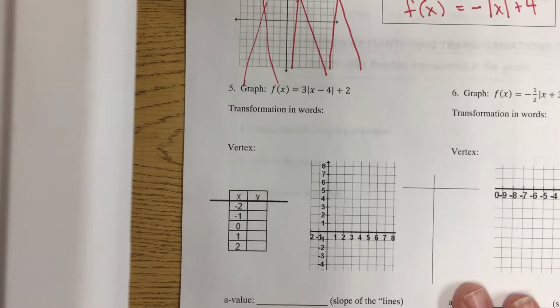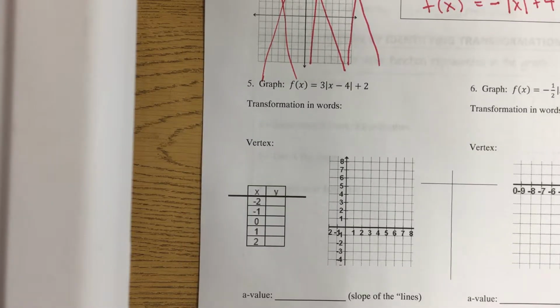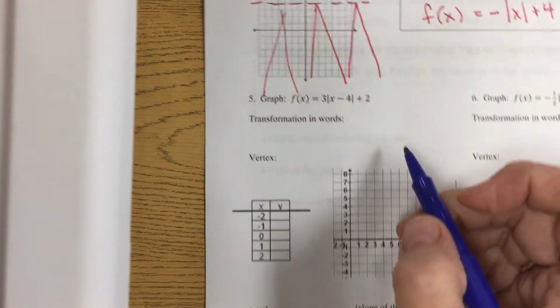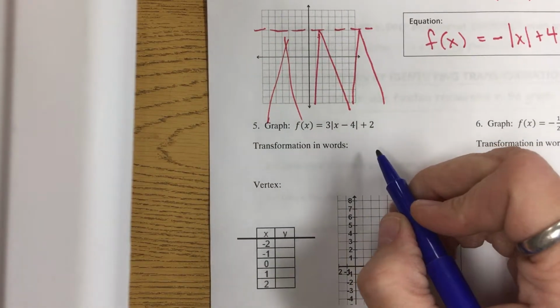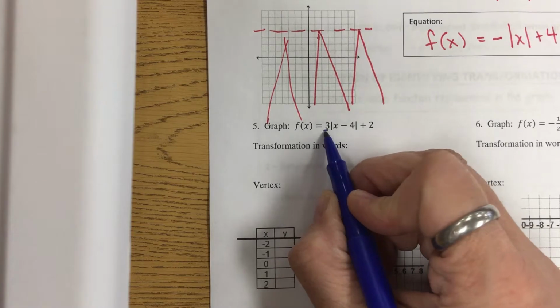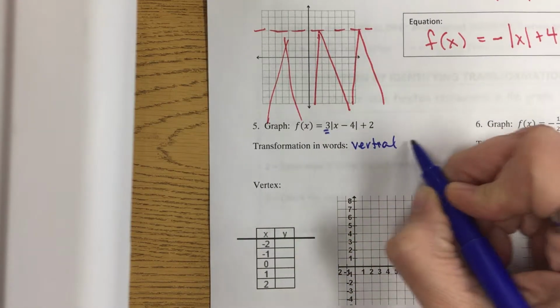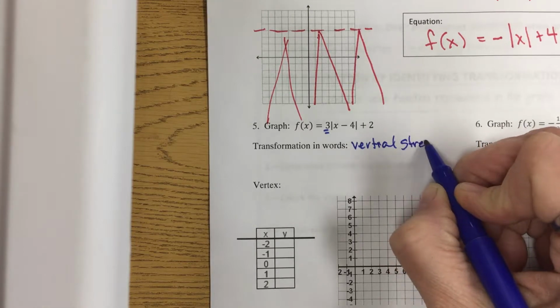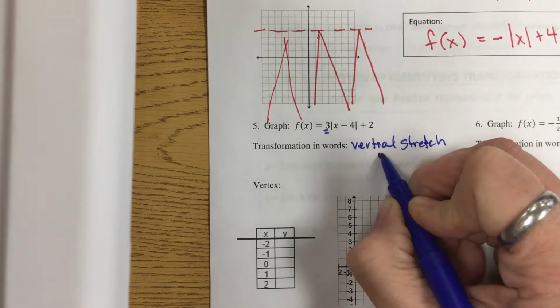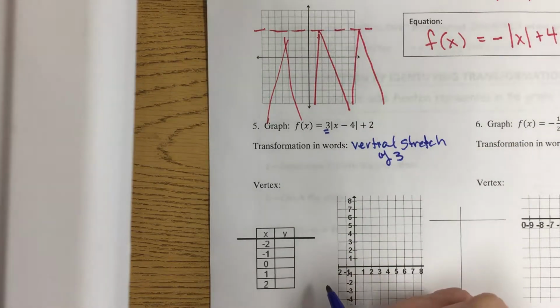Then down here, what things do we know? This number right here tells us we have a vertical stretch of 3.